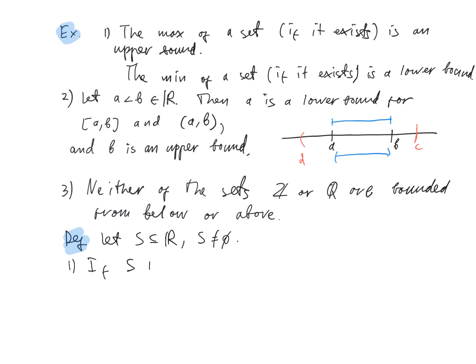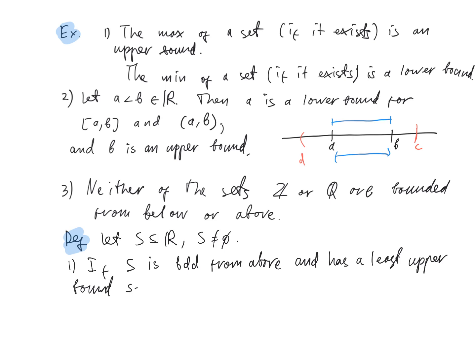If the set S is bounded from above and it has a least upper bound s0, then we will refer to this least upper bound s0 as the supremum of the set S. Symbolically, this is written s0 is equal to the supremum of the set S.